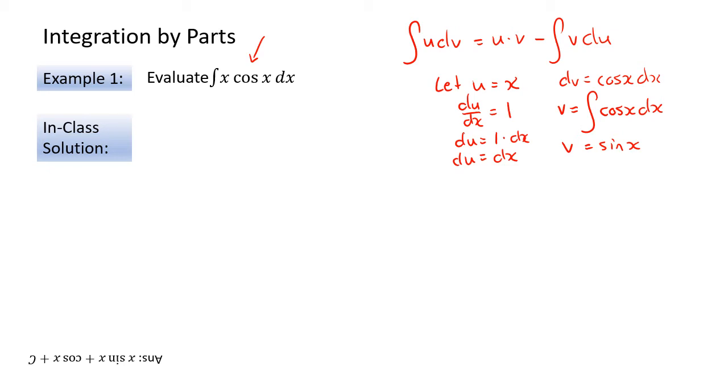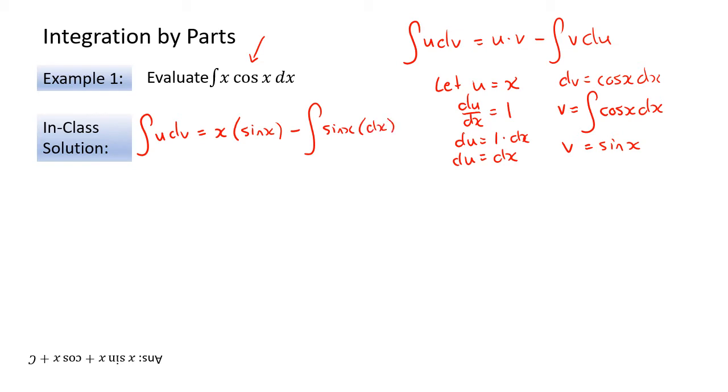So now we have all the pieces, u, v, and du, so we can simply substitute those in. The integral of u dv is equal to u times v, which is x, times v, which is sine x, minus the integral of the function v, sine x, times du, which is simply dx.